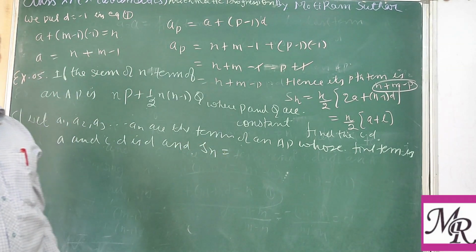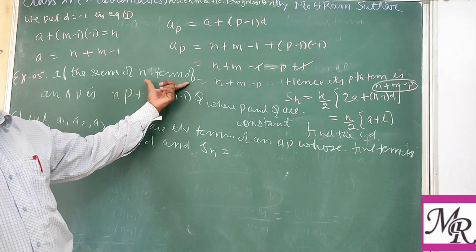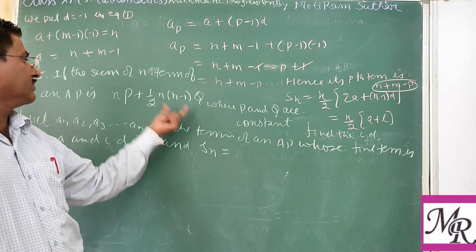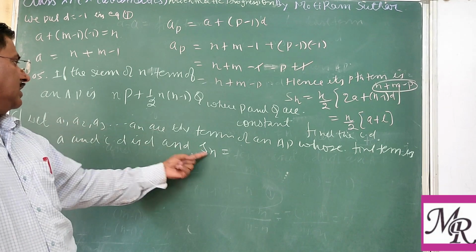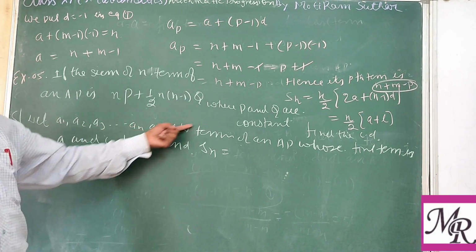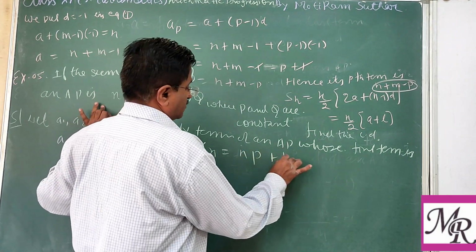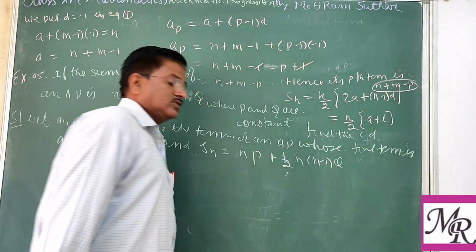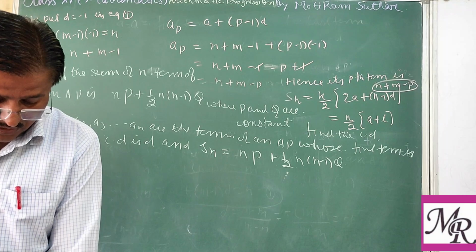Sn is the sum of n terms. The question already said the sum of n terms, so in symbols we write the sum of n terms as Sn. The sum of n terms of an AP, that is Sn, is given by this general formula: nP plus 1 by 2 n into (n minus 1) Q.